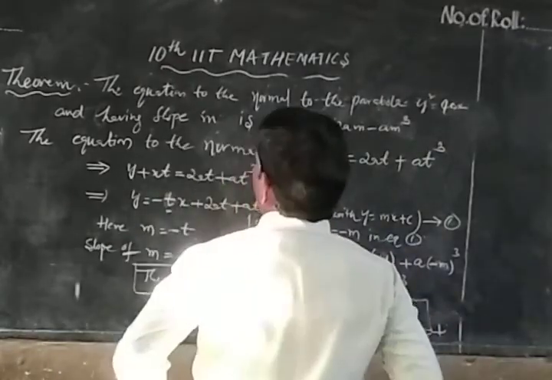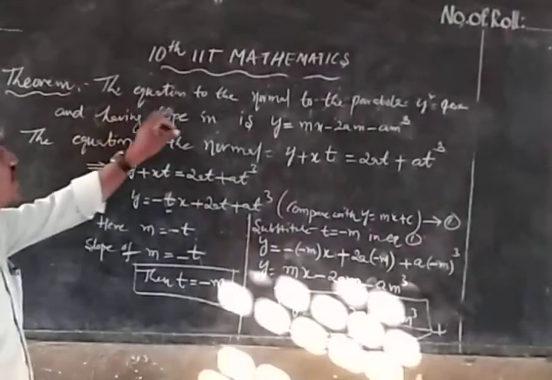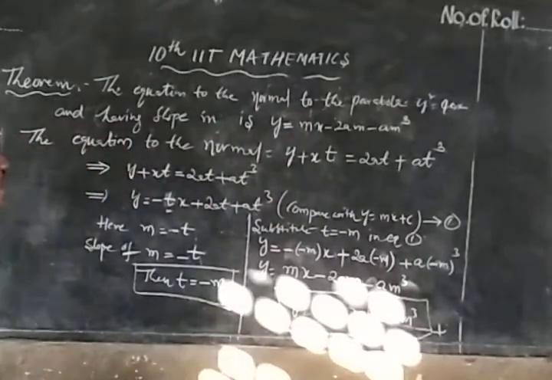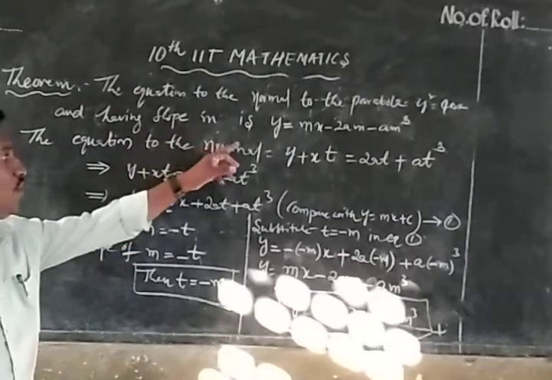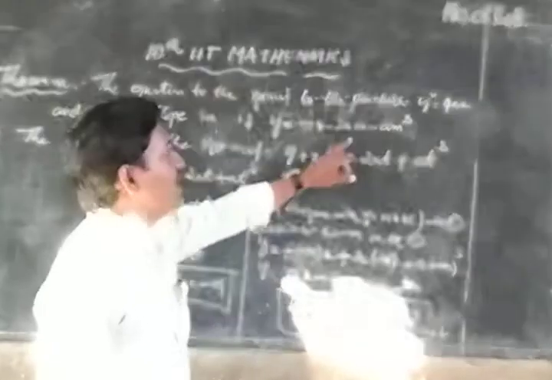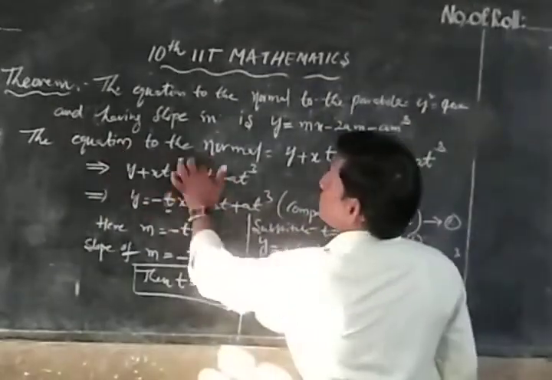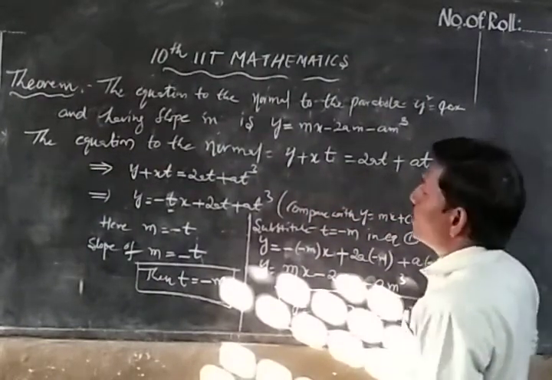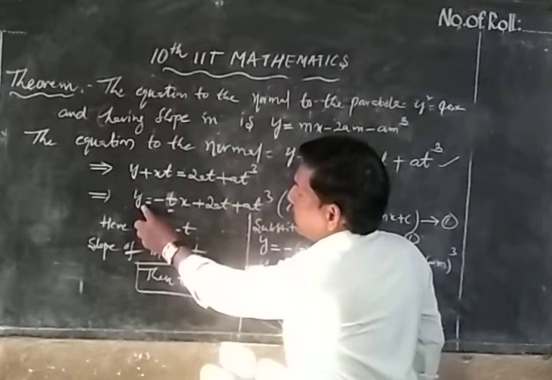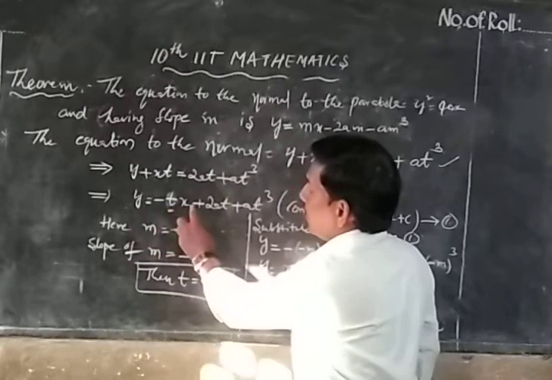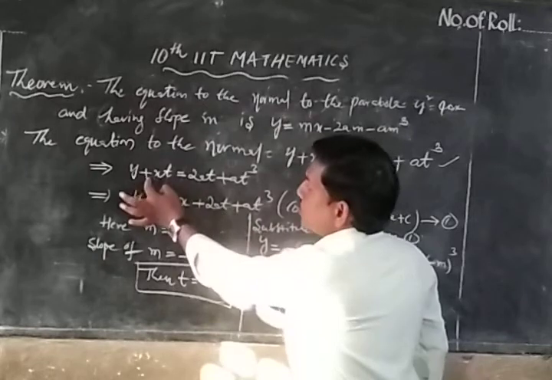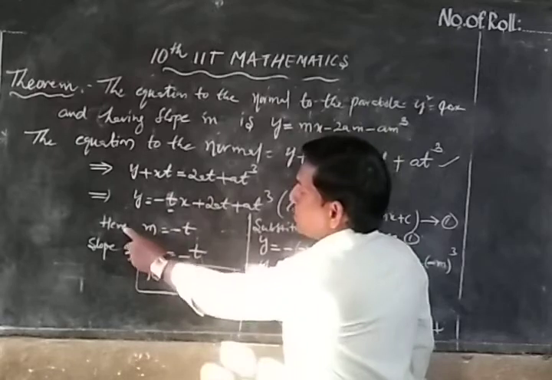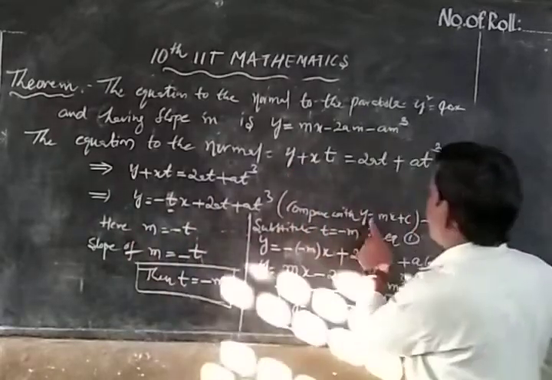Okay, look at once. Theorem: the equation of the normal to the parabola y² = 4ax and having the slope m is y = mx - 2am - am³. So the equation of the normal, we know, is y + xt = 2at + at³. After the rearrangement, y = -tx + 2at + at³. So xt transposes to minus tx. Here slope m, compared to y = mx + c.